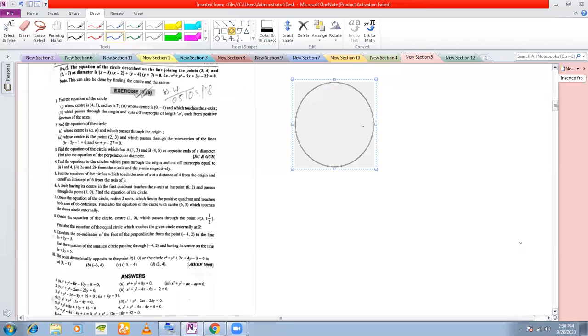The first question is, find the equation of the circle with A(1,3) and B(4,5) as extremities of a diameter.